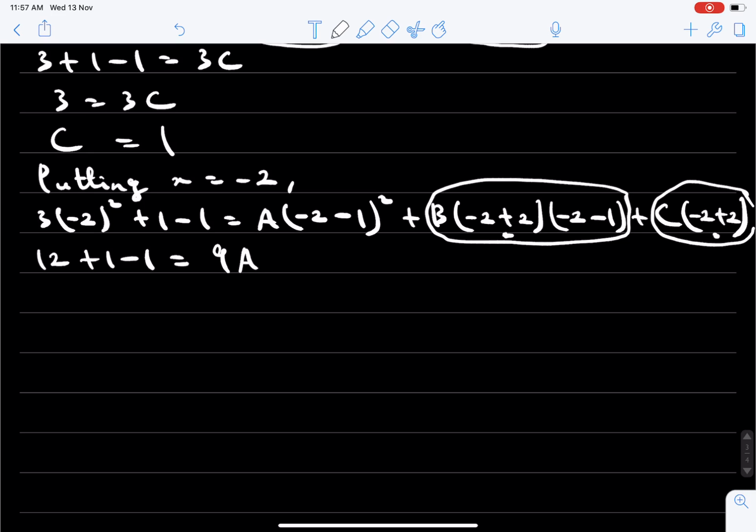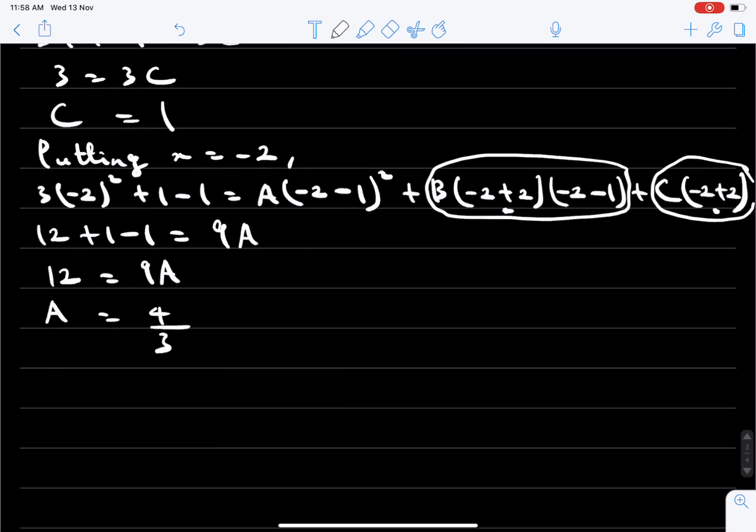And that means 13 minus 1, which is 12, equals 9a, which means a equals 12 over 9, which is 4 over 3. That means a equals 4 over 3. I want to be sure that's correct.